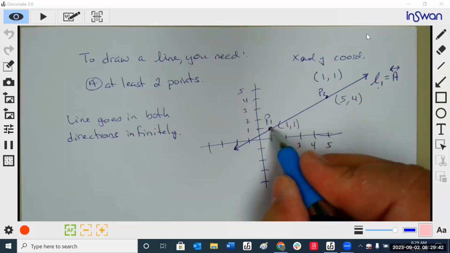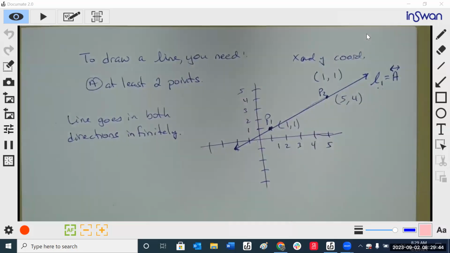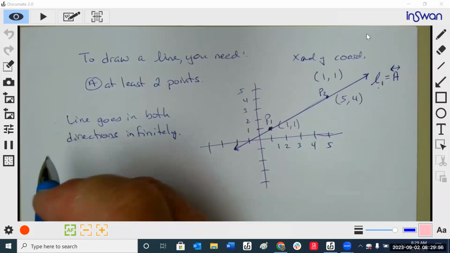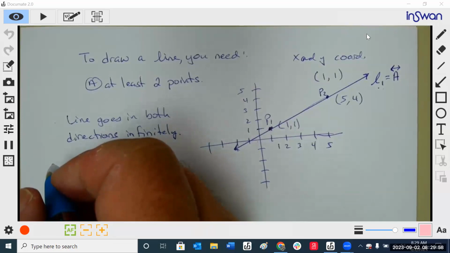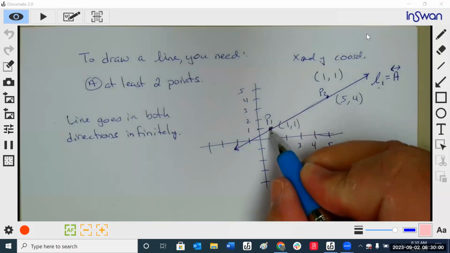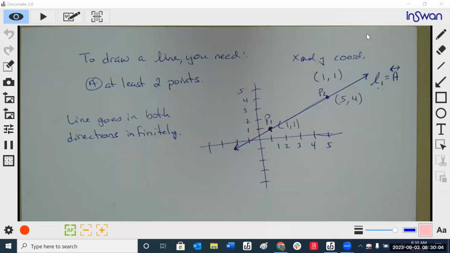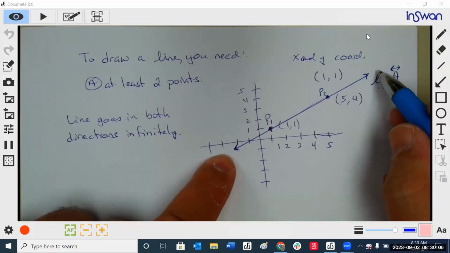What do we call it if it starts and stops between 2 points? Because a line goes on infinitely forever.